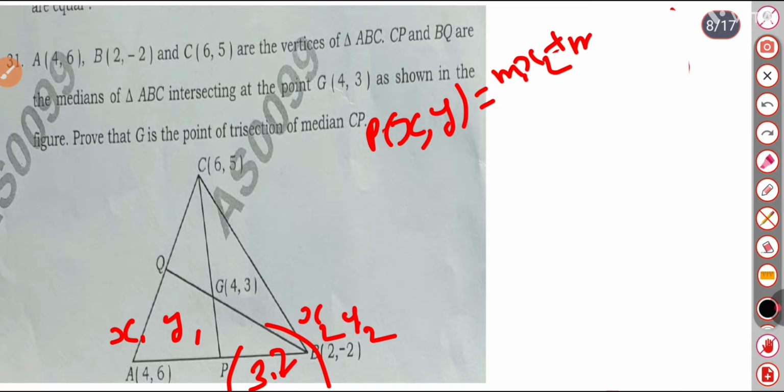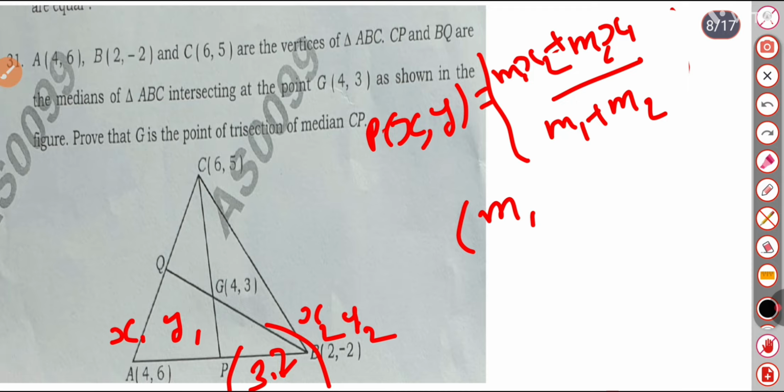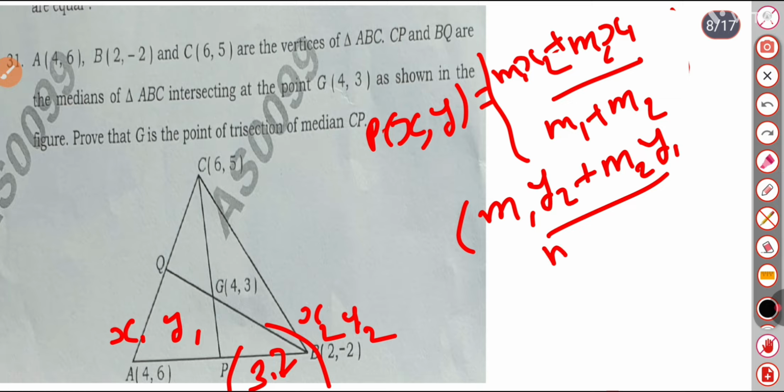Now we'll use the section formula for CP. So the section formula is: P(x, y) equals (m1 x2 plus m2 x1) by (m1 plus m2), (m1 y2 plus m2 y1) by (m1 plus m2).